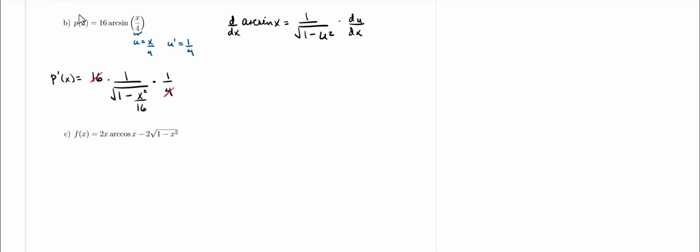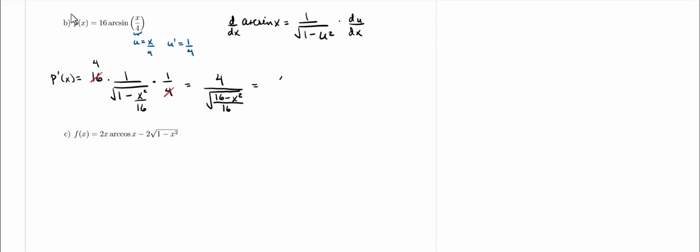Alright, now I'm going to go ahead and simplify this one. 1/4 times 16 is going to give us a 4. So we're going to have here a 4 over the square root of 1 minus x squared over 16. I want to put everything in a single fraction, which I will rewrite as the square root of 16 minus x squared all over 16, which we could simplify a little bit more by taking the square root of the 16 in the denominator.